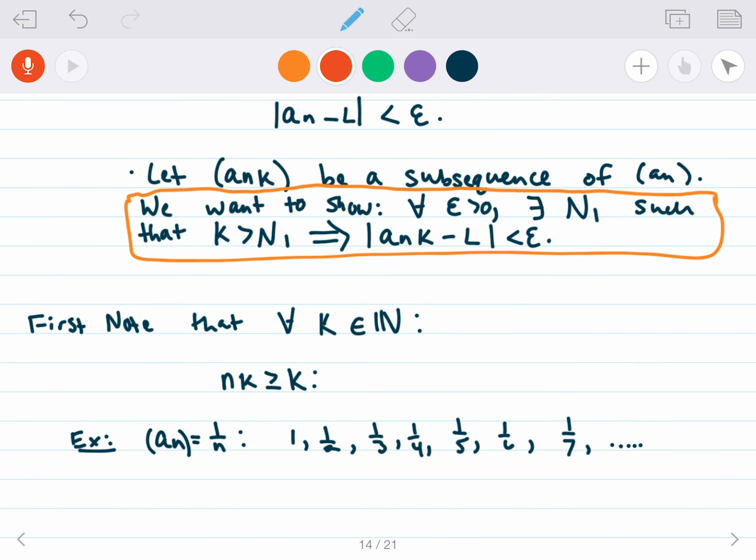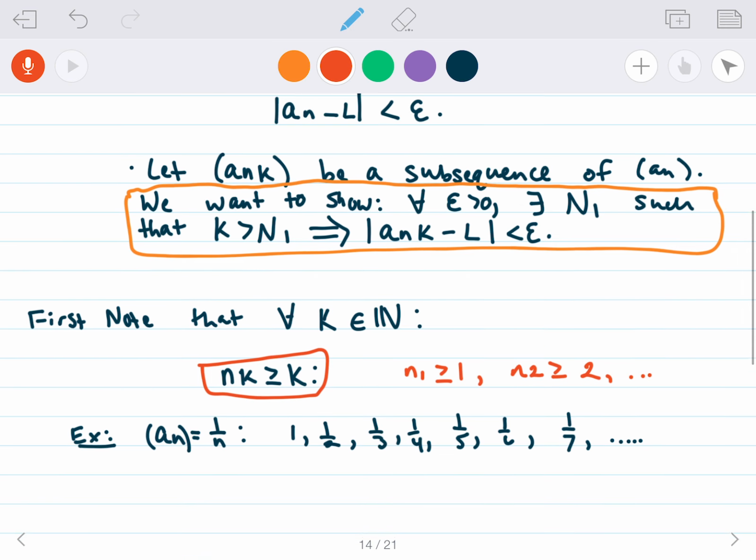By this assertion right here, the term in our subsequence, a sub n1, should be bigger than or equal to a sub 1. A sub n2 should be greater than or equal to the second term in our sequence, and so forth. And this makes sense, right?